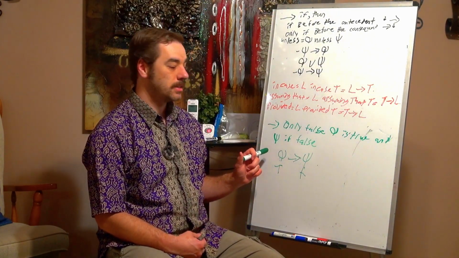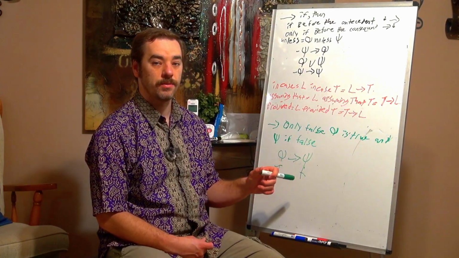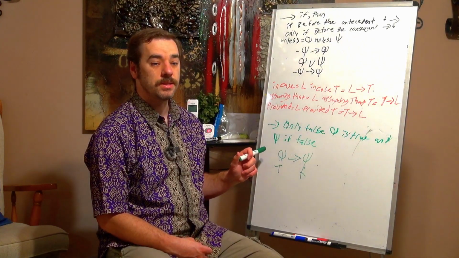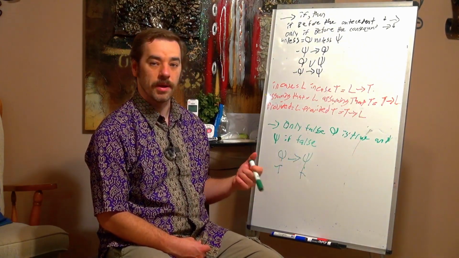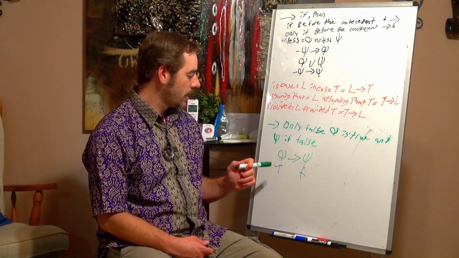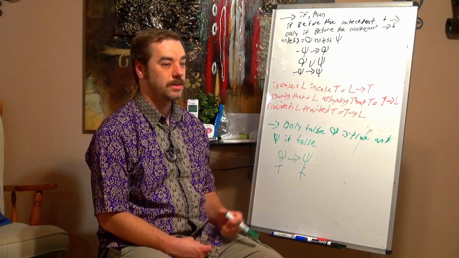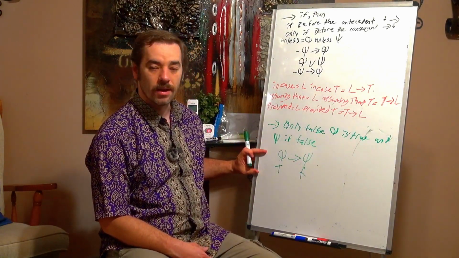It could also be the case that you didn't go out in the rain and you didn't get wet. Those are both true. Could also be the case that you didn't go out in the rain, but you still got wet. Maybe you slipped in your bathtub. But it would be false if you went out in the rain and then you did not get wet, right? So that's how the arrow works.